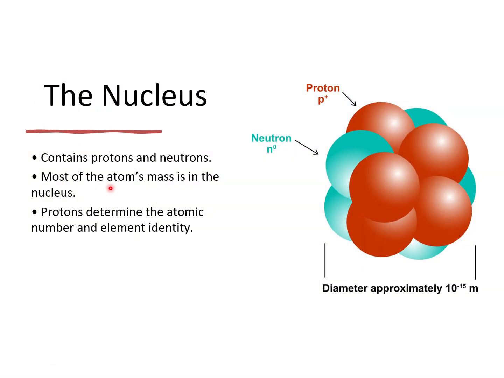So, what's inside of the nucleus? In the center of the atom is the nucleus, a dense core that contains protons and neutrons. The number of protons tells us which element it is. As you can see right here, you can see how big it is. It's really, really small.